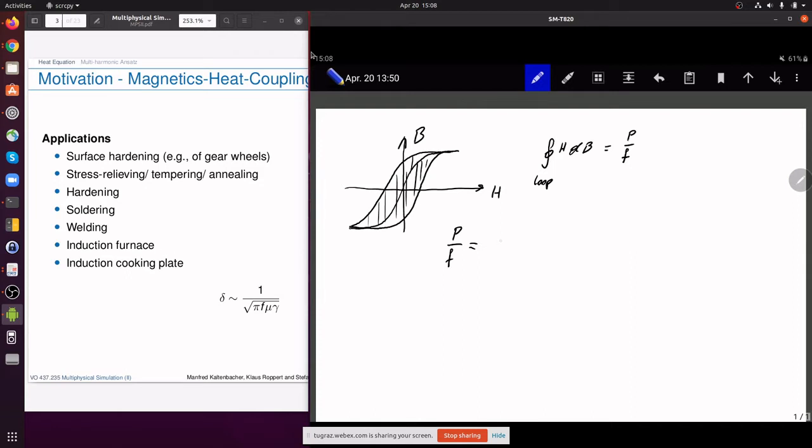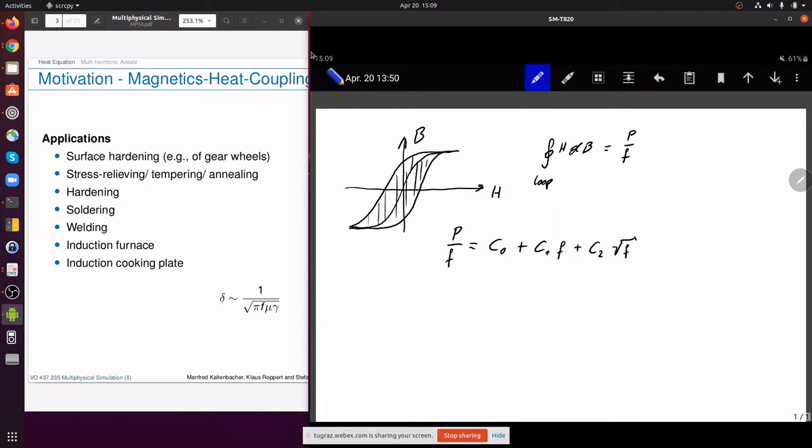The first part scales with a constant. The second part of this power loss scales with the frequency, because we scale the power by the frequency on the left hand side, plus another component scaling with the square root of f.